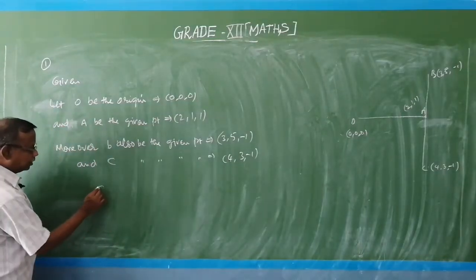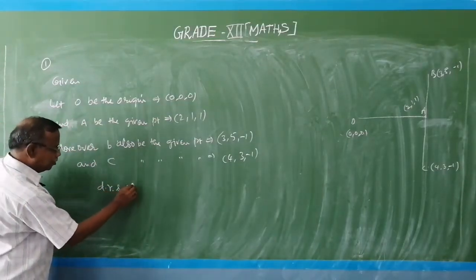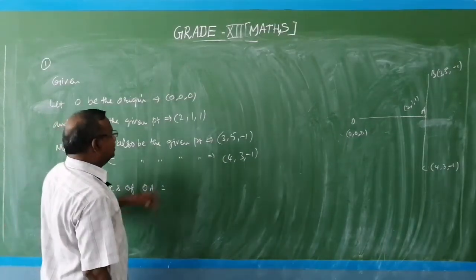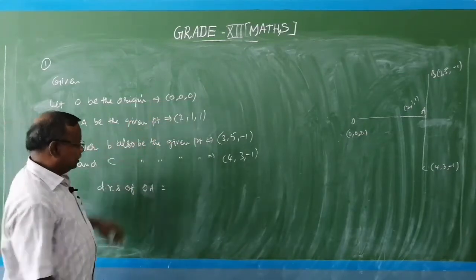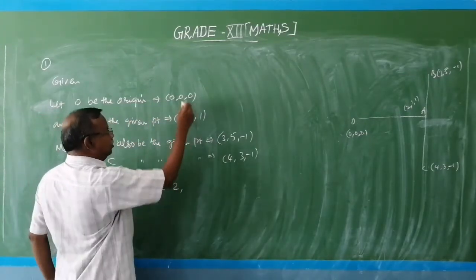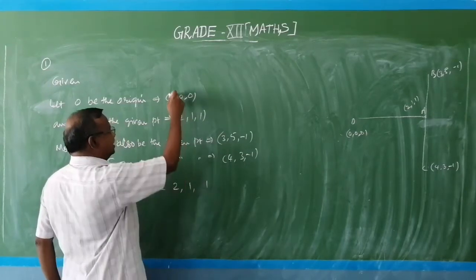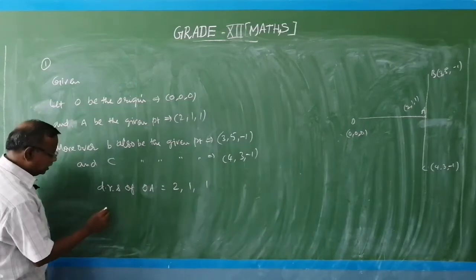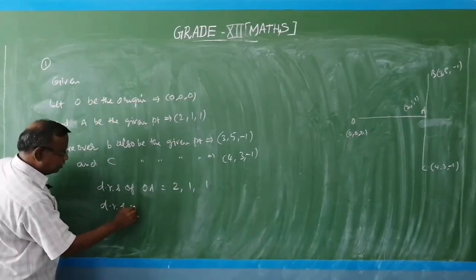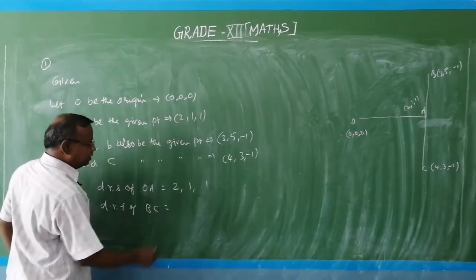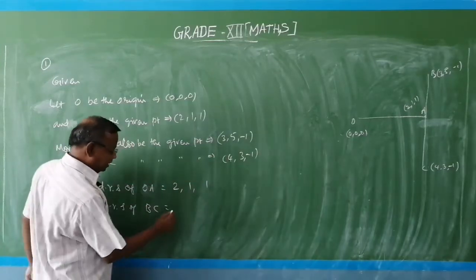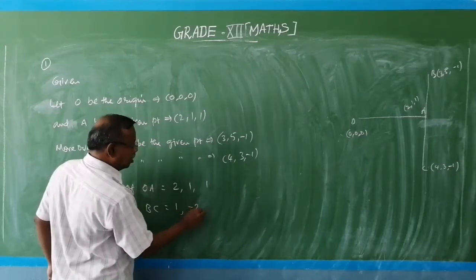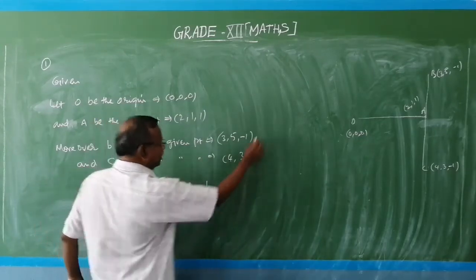Now the direction ratios of OA are x2 minus x1, y2 minus y1, z2 minus z1, that is 2, 1, 1. Similarly, the direction ratios of BC are 4 minus 3, 3 minus 5, minus 1 minus minus 1, that is 1, -2, 0.